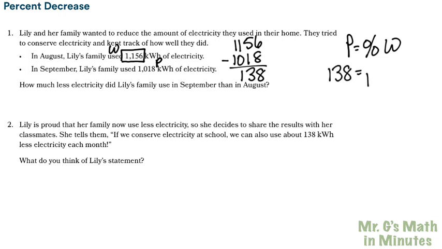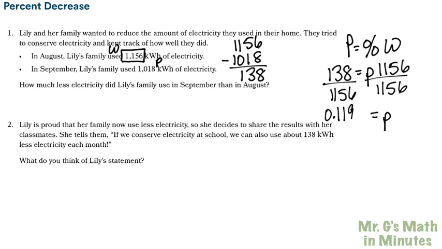So that is going to be our part. We are looking for the percent that we decreased it by. And our original, our whole, was 1,156. If we divide both sides by 1,156, you get that our percent is 0.11937.